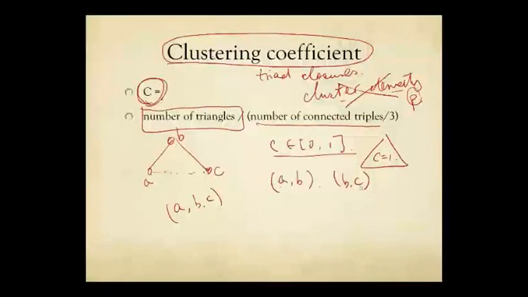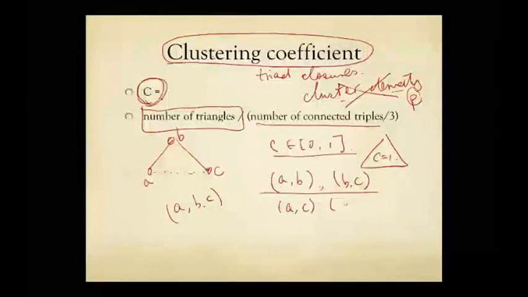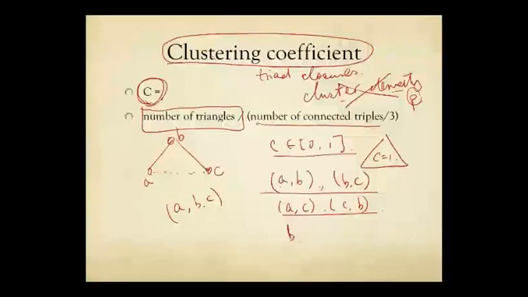If there is one, we also have a triangle. If not, we don't. But for connected triple, this is one connected triple. And then we can also write AC and CB, two links, that is another connected triple. And BA link and AC link, that's another connected triple. So just because when we count connected triples, we count basically 3 times.